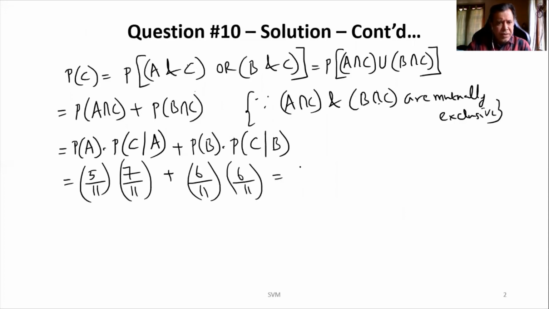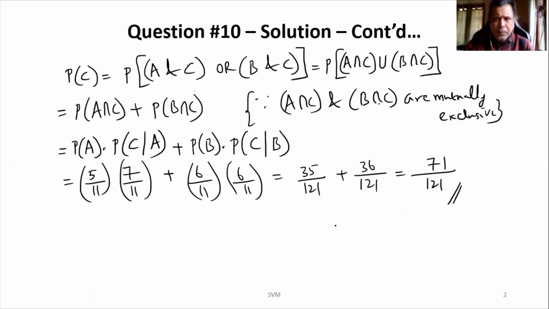The first term is 5 into 7, 35, over 11 into 11, 121. The second term is 6 into 6, 36, over 11 into 11, 121. Now common denominator is 121. Add the numerators, it is 71. So that is the required probability of ours, right? So this completes this particular question. Let's move on to the next question.